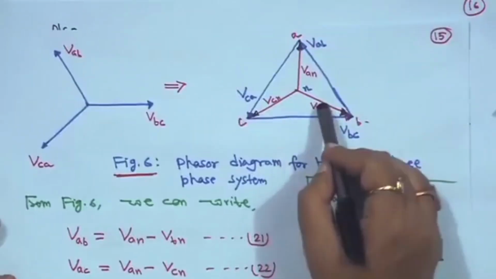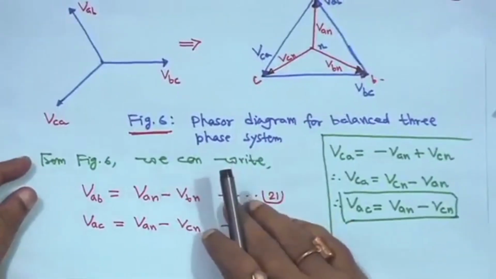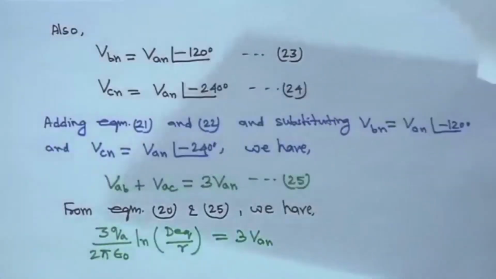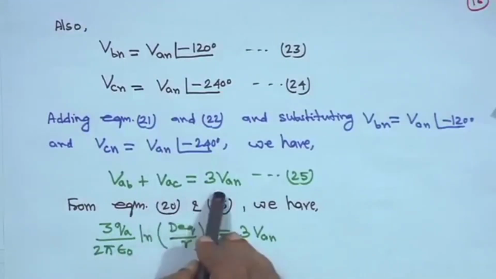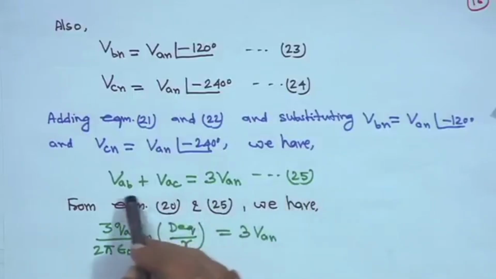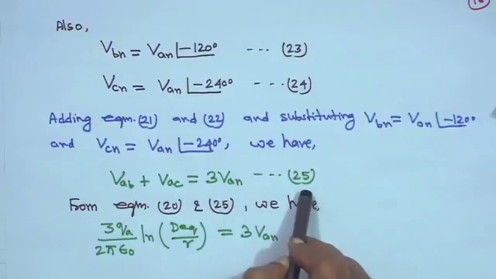All these things we have discussed and explained, there should not be any confusion anywhere. Therefore, if you do so, V_ab plus V_ac is actually equal to 3 V_an, this is equation 25. This relationship you have to establish, that V_ab plus V_ac is equal to 3 V_an, this is 25.